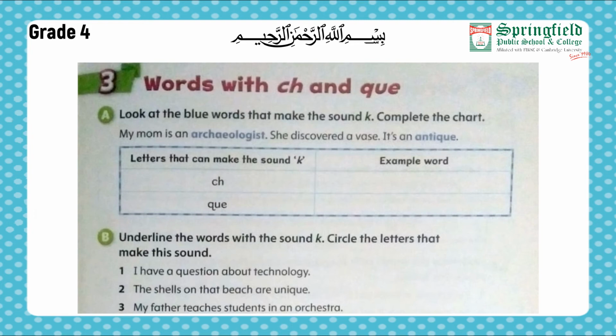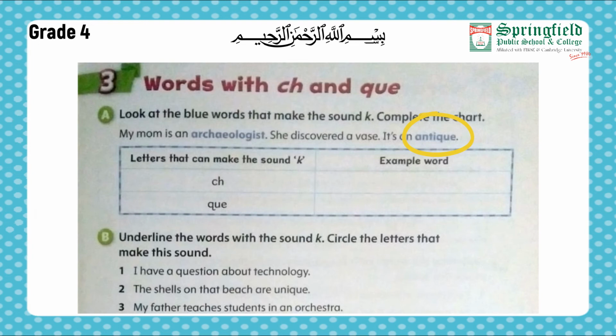Alright, so my mom is an archaeologist. If you see, the CH in archaeologist gives you the sound of K. Similarly, let's read the next word. She discovered a vase. It's an antique. If you see, the QUE in the word antique gives the sound of K as well.